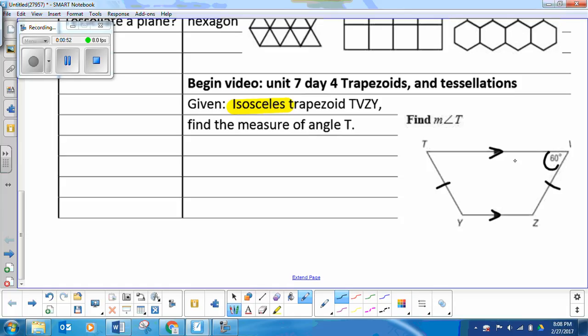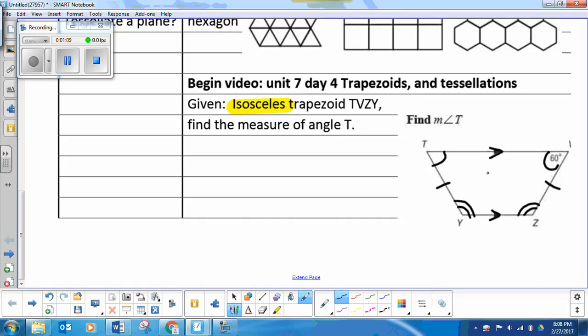We know that in any isosceles trapezoid, the base angles are congruent. We have a set of base angles here, and we also have a set of base angles here. So we've got that information just as part of the gig.